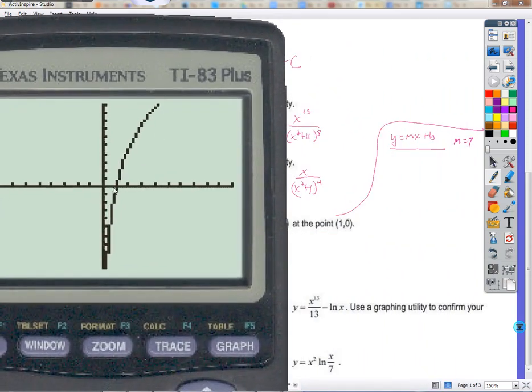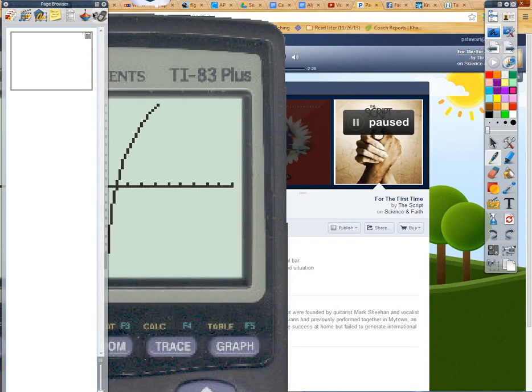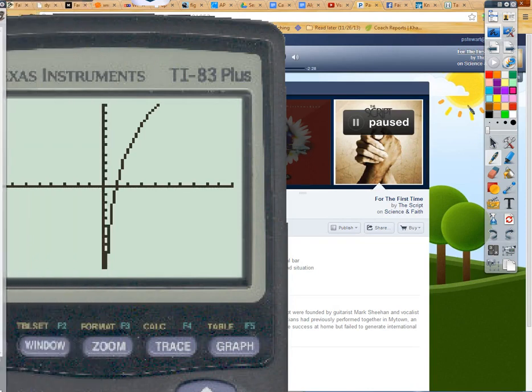Alright, so it's asking about the equation of the tangent line right at this point. Let me grab this and I'll mark it up. So we've got this point 1, 0, and we've got this line that's tangent at that point. So we're trying to figure out the equation of this line.